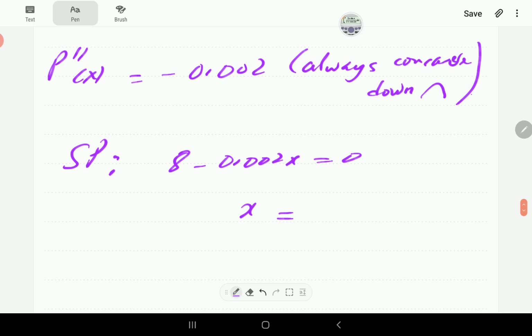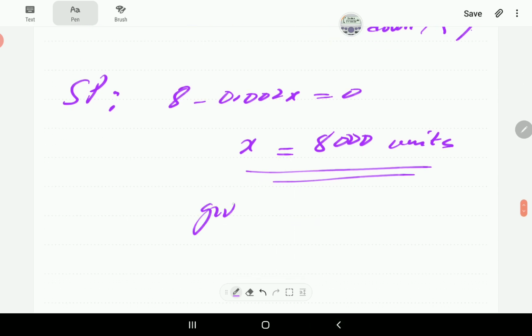If we solve this, we are going to find x equals 8,000 units. And since we have determined that the curve is concave down, this is going to give us the maximum profit. It is not a minimum.